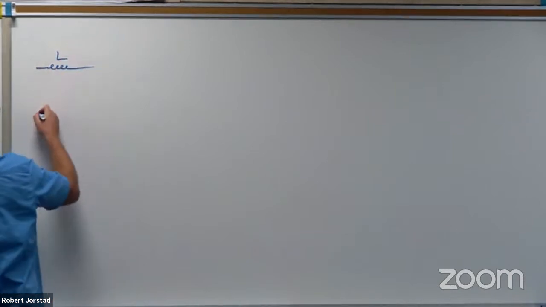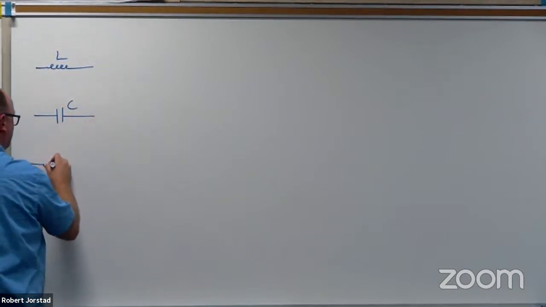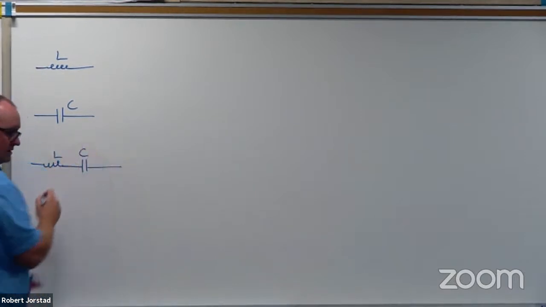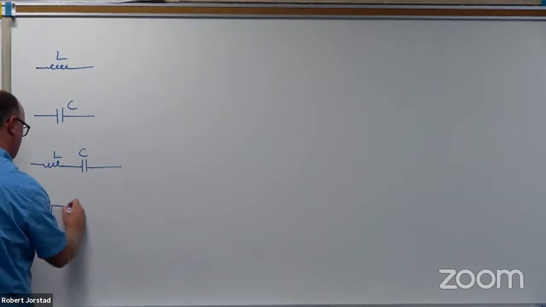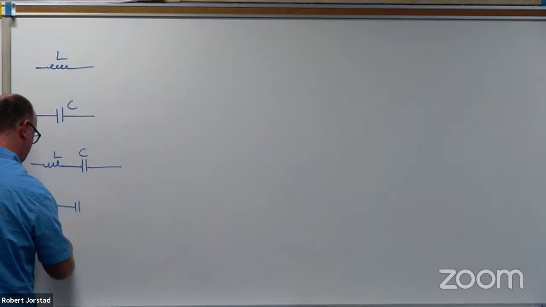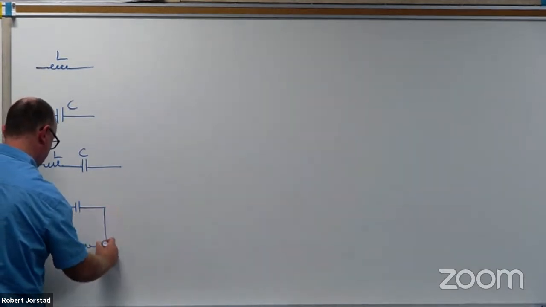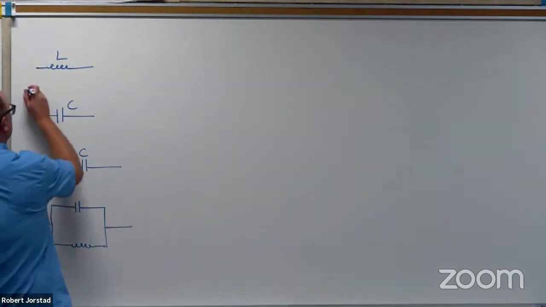We have an inductor, we have a capacitor, we have an inductor and a capacitor in series. And then I'm going to discuss one other option, and I'm just going to kind of give you some insight here. We have an inductor and a capacitor in parallel, all right?